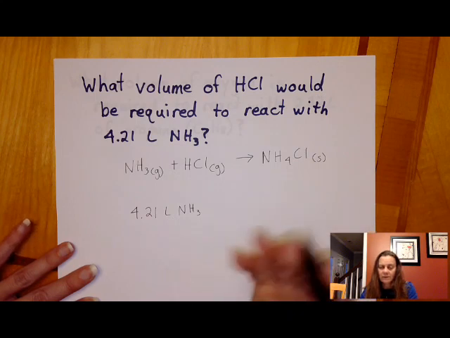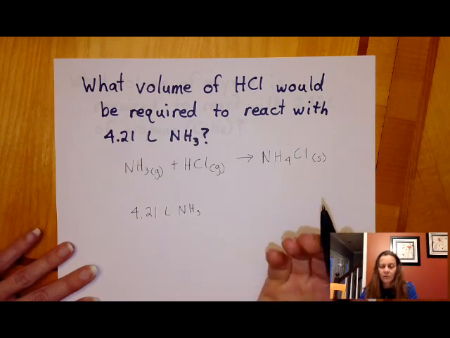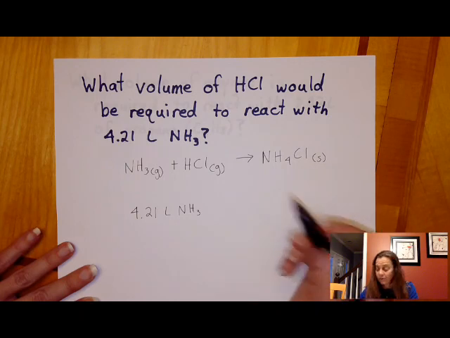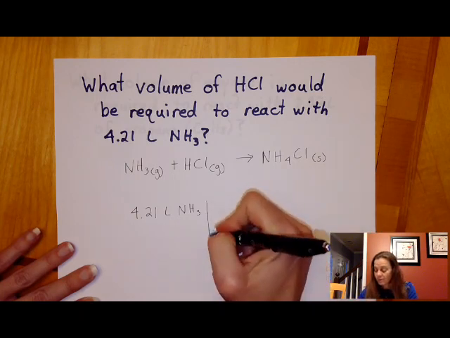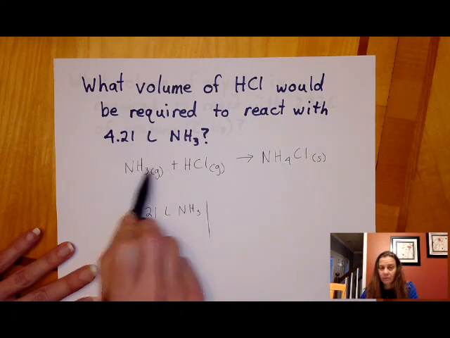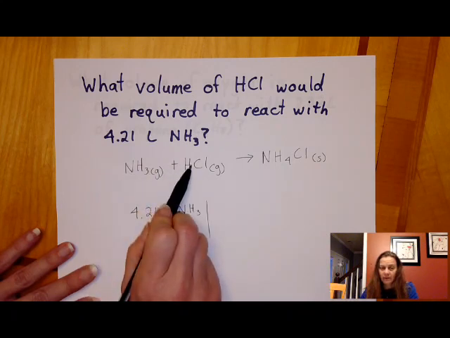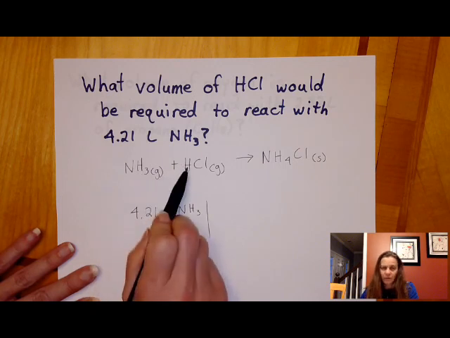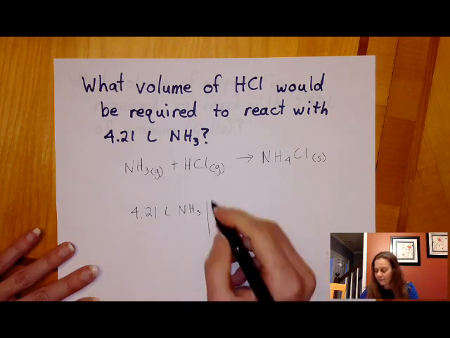But because this is a gas and we're going to a gas and mole ratios are volume ratios, we can simply say that for every 1 mole of ammonia, there's 1 mole of hydrogen chloride gas. So that means for every 1 liter of ammonia, there's also 1 liter of hydrogen chloride gas.